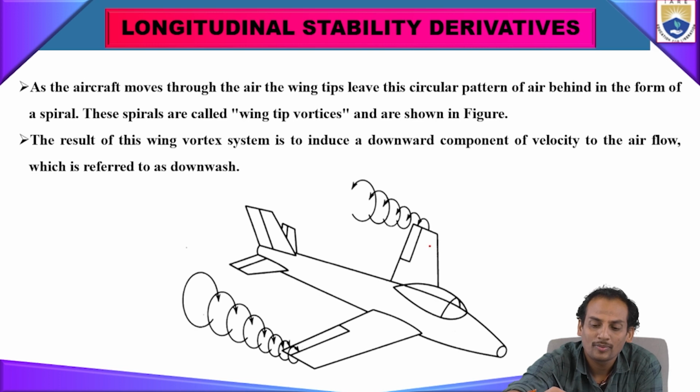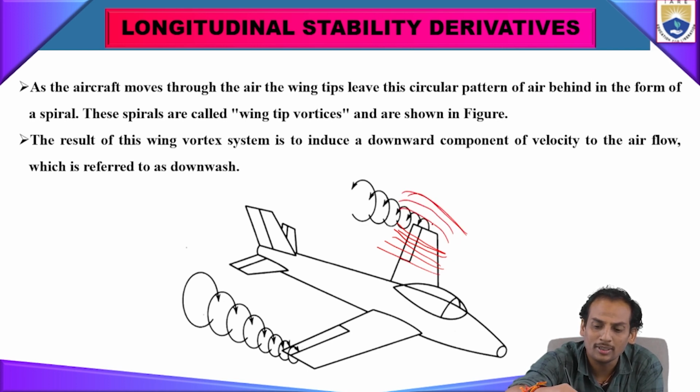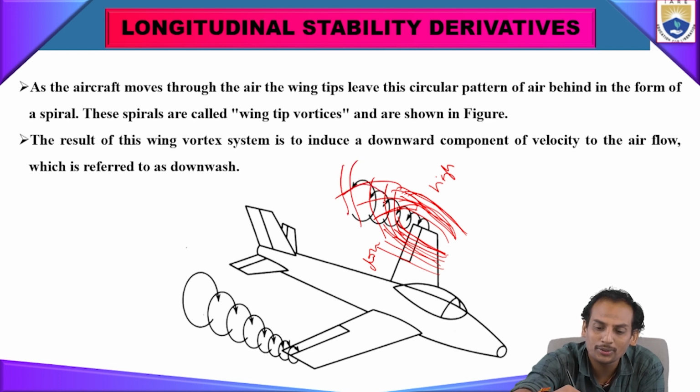Here the higher velocities will be there, and here the lower velocities. Due to the higher velocities, pressure will be low, and due to the lower velocity, pressure will be high. Both will cross over here, and due to the crossover, these wingtip vortices will happen.